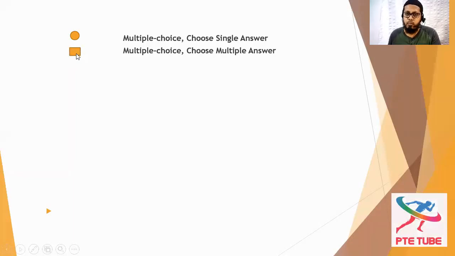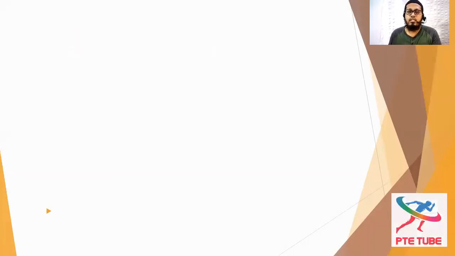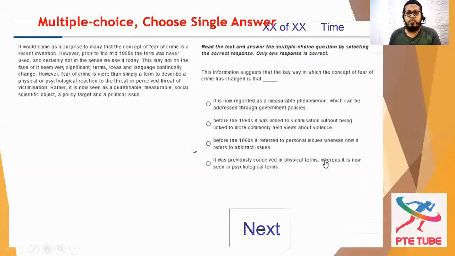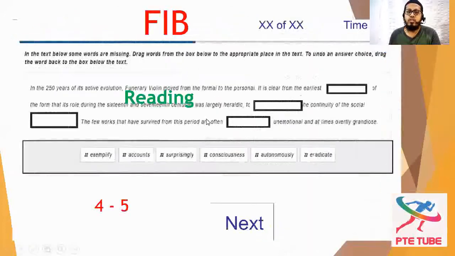So once you see a box on the day of examination, you will figure out whether this question is single answer or multiple, and you need not read the instruction. If you see a circle associated with the choices, you will figure out that this is a choose single answer question.